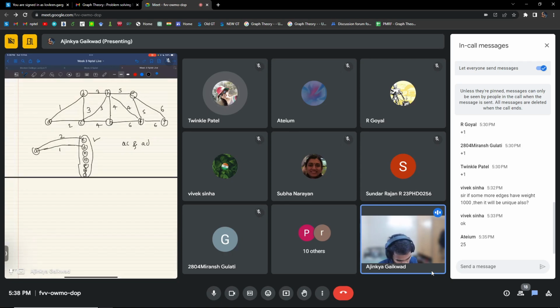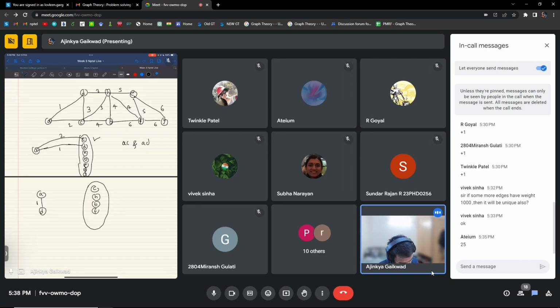Let me draw here. I have AD on one side, the weight is 1, and I put the rest of the vertices in this box: C, H, B, E, F, and G.